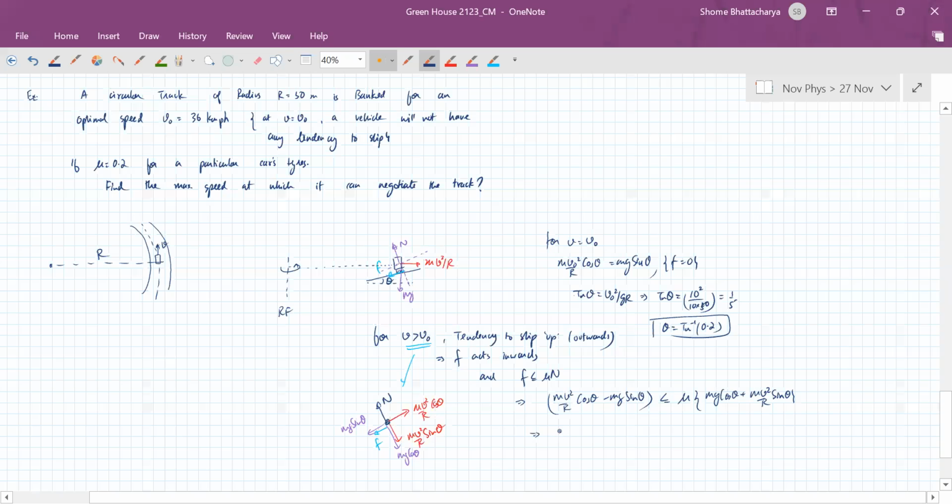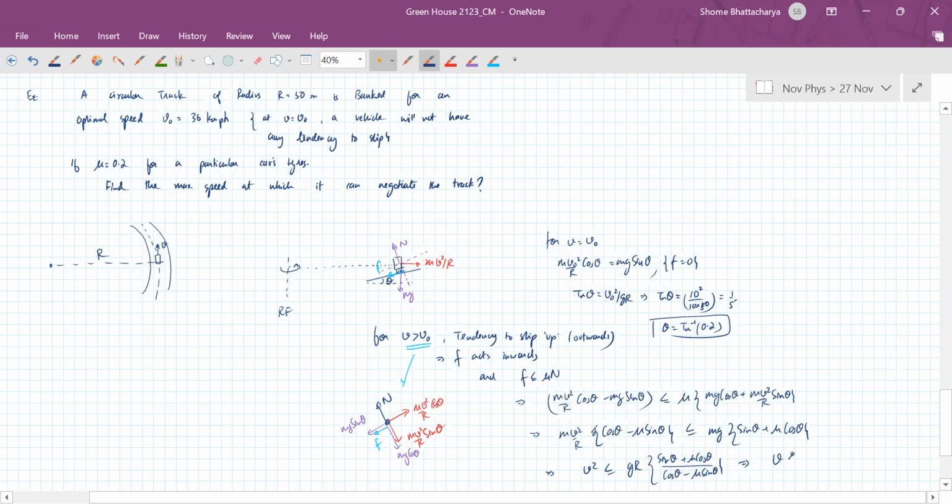So if we take the mv square by r on one side, we get cos theta minus mu sin theta, and this should be less than or equal to, take mg on the other side, we get sin theta plus mu cos theta. So v square should be less than or equal to gr into sin theta plus mu cos theta upon cos theta minus mu sin theta.